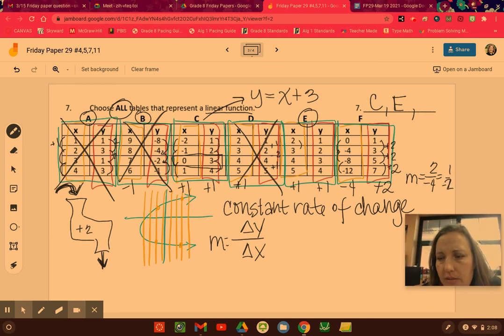There's a constant rate of change. It's negative, right? So my graph is going to have an orientation like that, right? So this is a linear function, okay? Pretty complicated one.